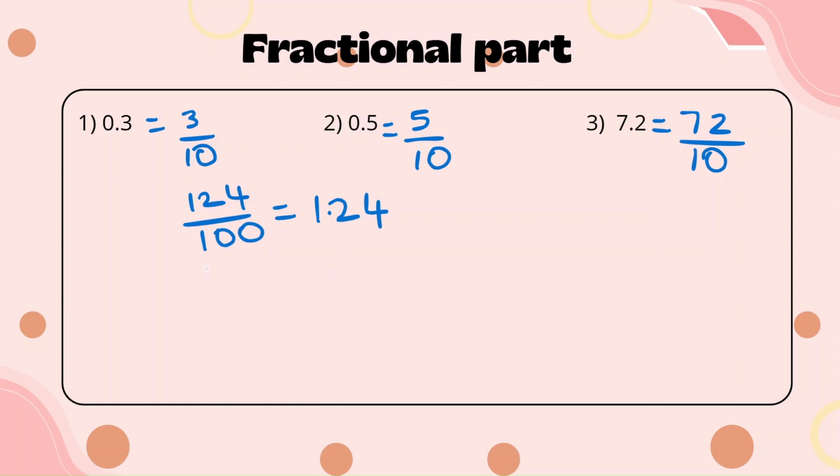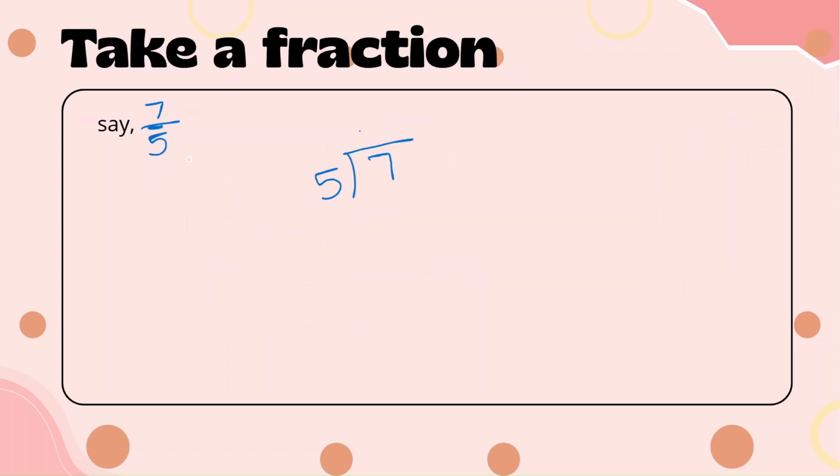One more example: 348 divided by 1000. You write that number as it is, and 3 zeros are there, so after the 3 digits you keep a decimal point and write 0 as the whole number.